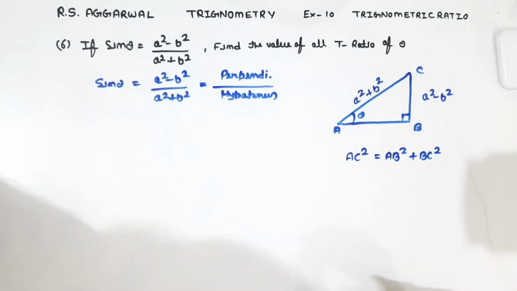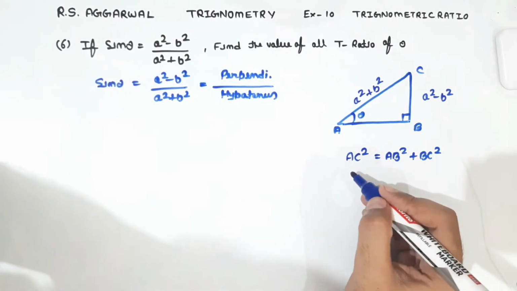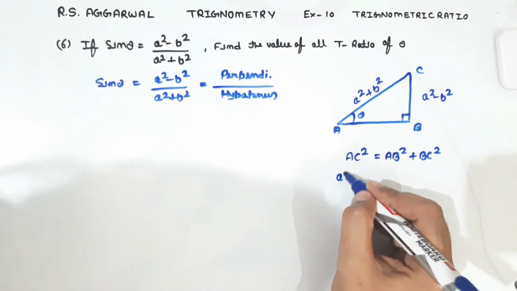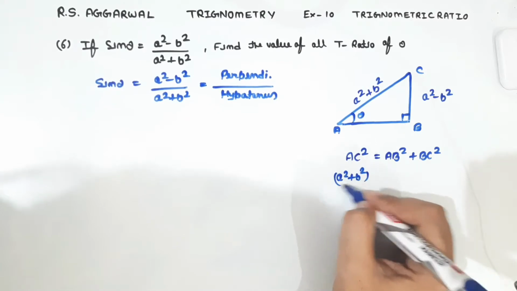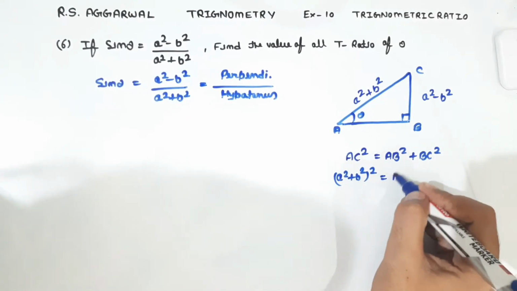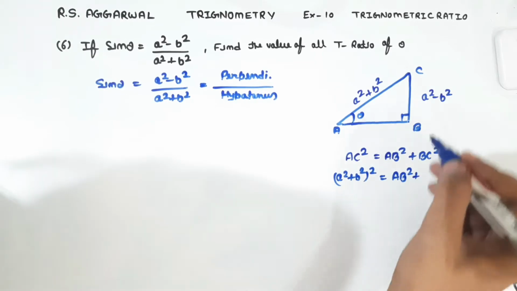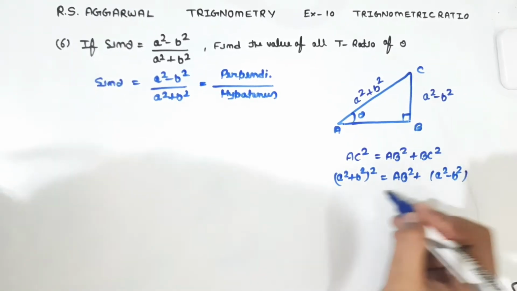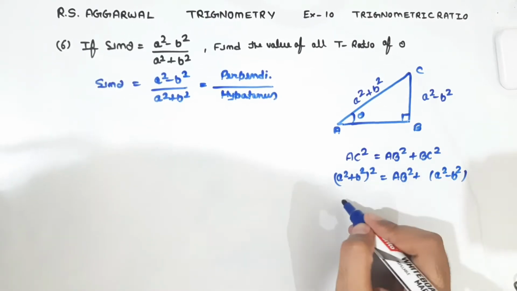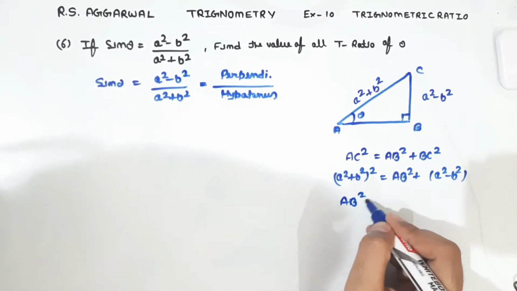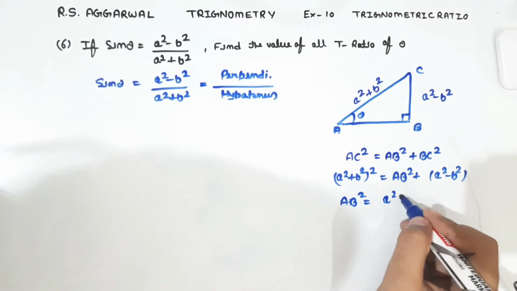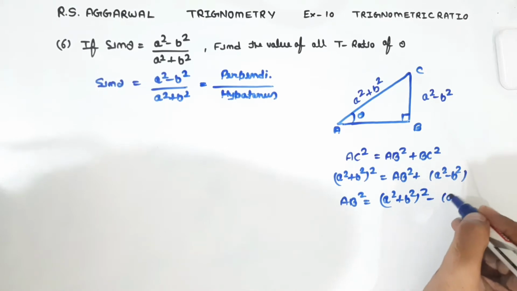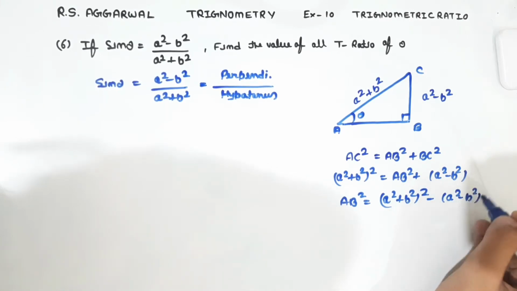So from here AC, that is a square plus b square whole square, will be equals to AB square plus BC, that is a square minus b square. So from here AB square will be equals to a square plus b square whole square minus a square minus b square whole square.